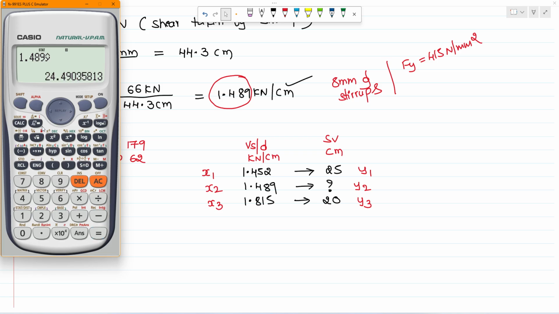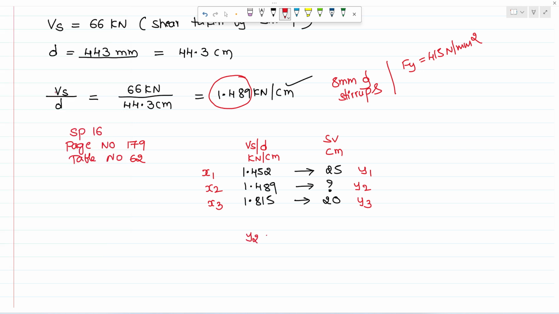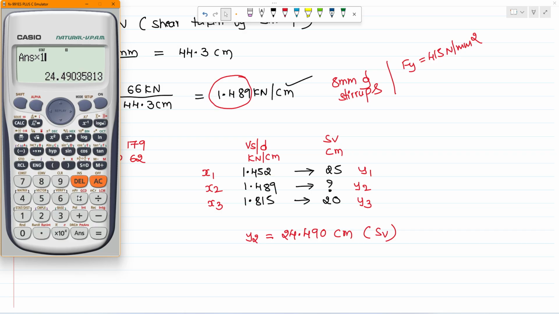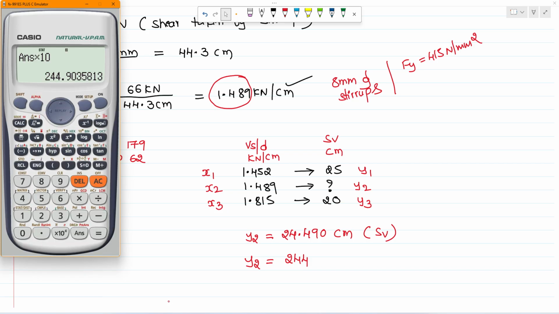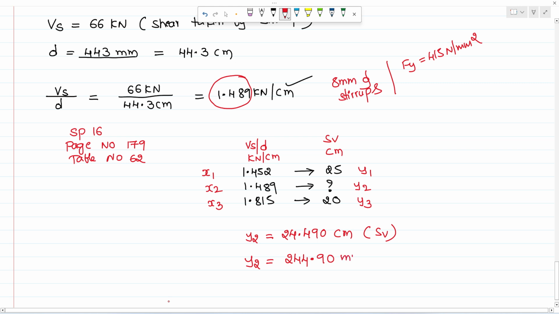For 1.489, what is the spacing? It is 24.49. So your y2 will be 24.490 centimeters. So this is your spacing. Convert centimeter to millimeter by multiplying by 10. So it will be 244.90 millimeter. So this is the spacing you require.